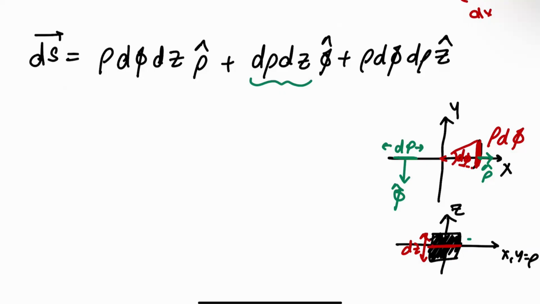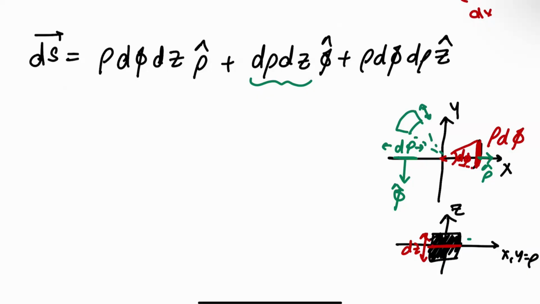Then in the xy plane, have a small orientable surface. Let's say something like this, right? So you need to have d rho. Actually, I should draw it as an arc, something like that, right?